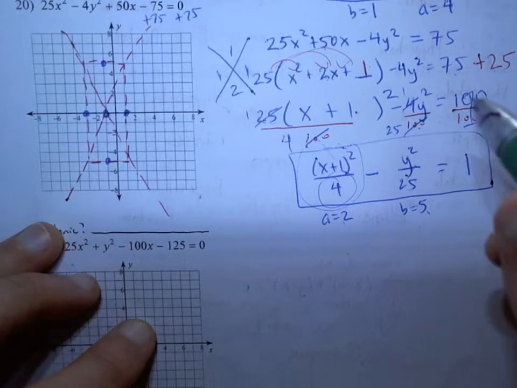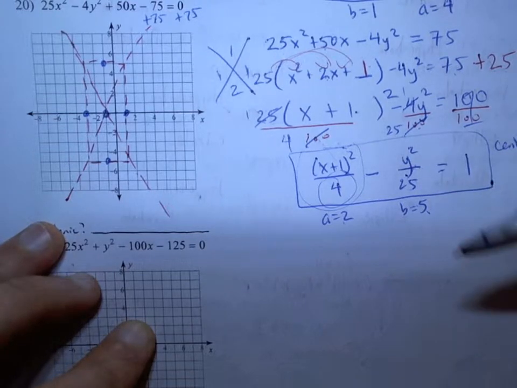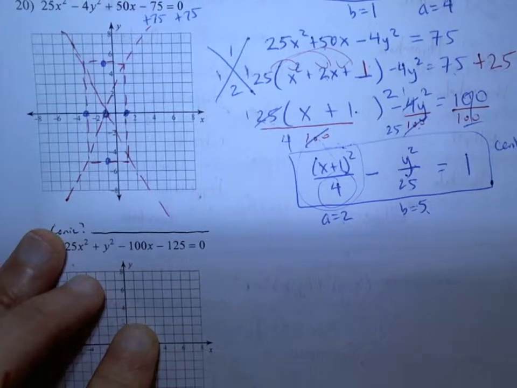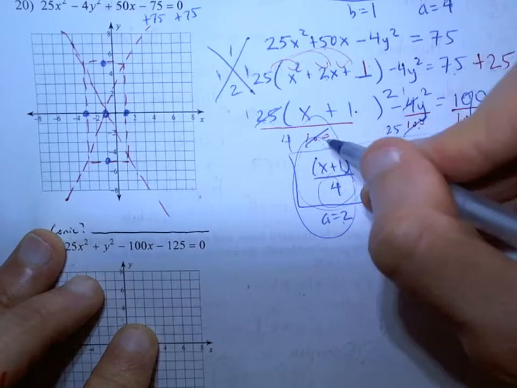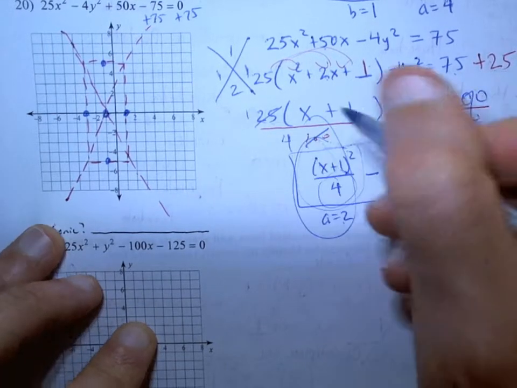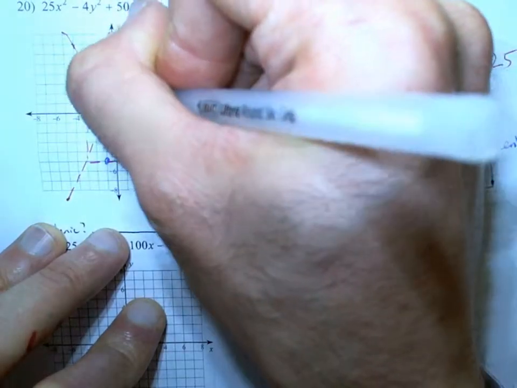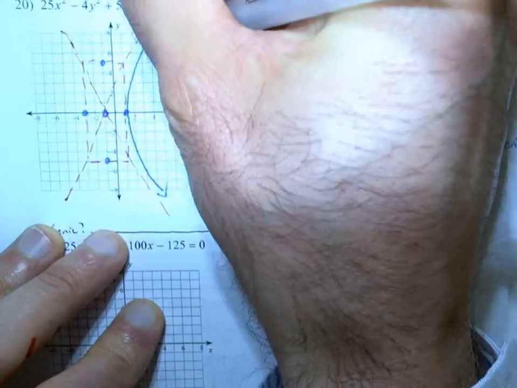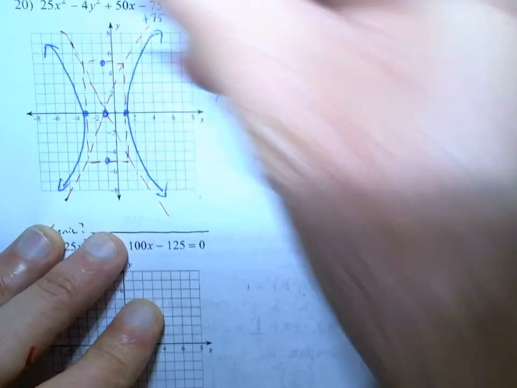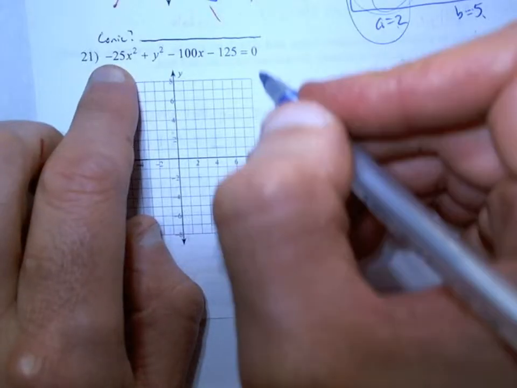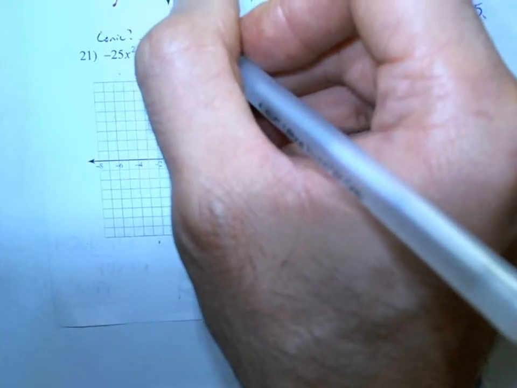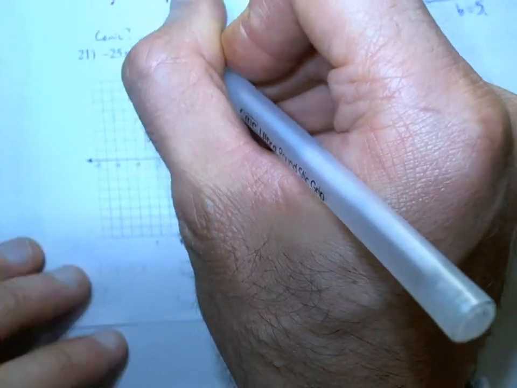And finally, guys, does it open up towards the x or the y direction? It's opening up towards the x. The major axis, your transverse axis, is the x. So it's going to go like this. It is a hyperbola.